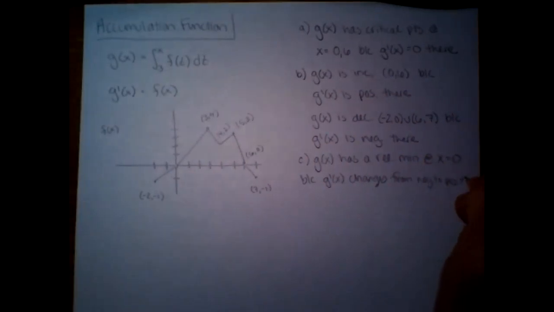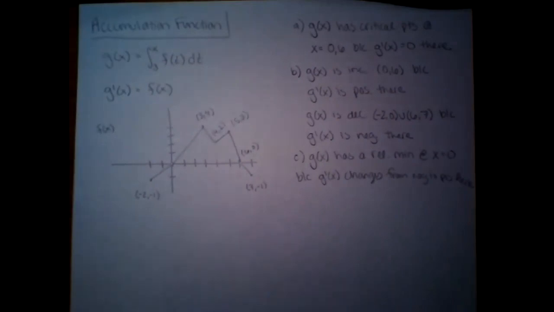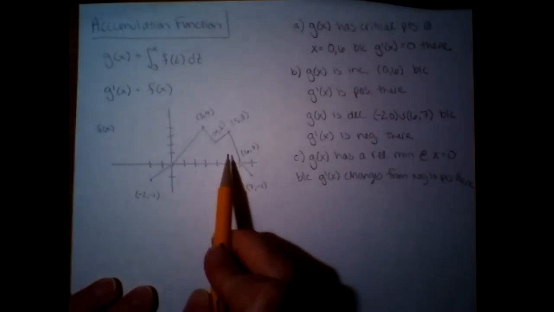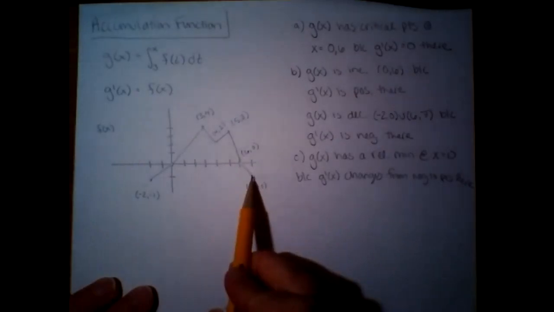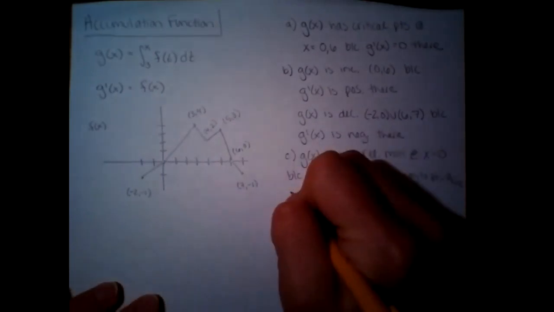I'm going to make this fit there. G prime changes from negative to positive there. And then we're going to write a sentence about our other critical point, which is 6. And at 6, we have a change from above to below. So that's from positive to negative. Positive to negative means maximum.